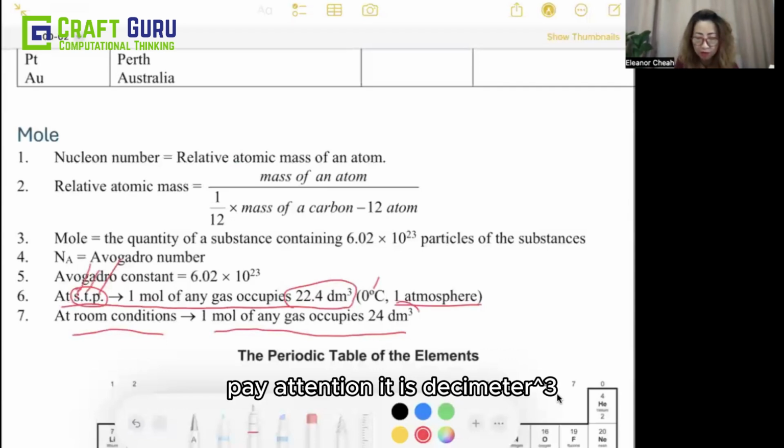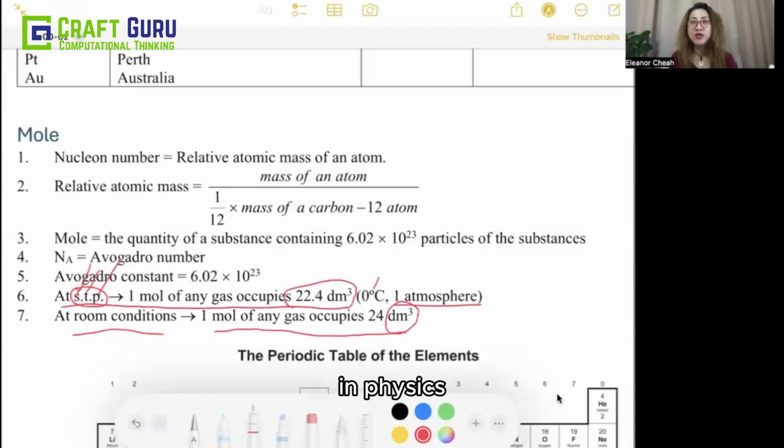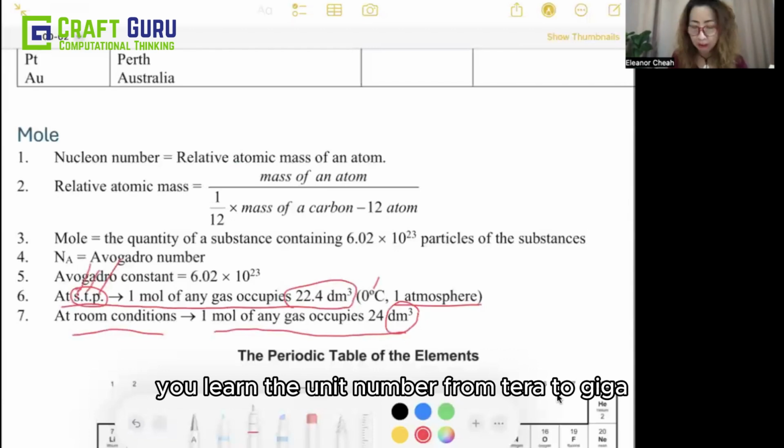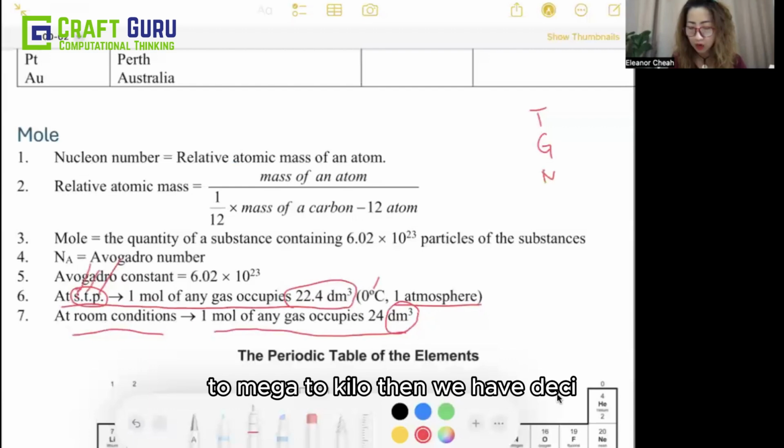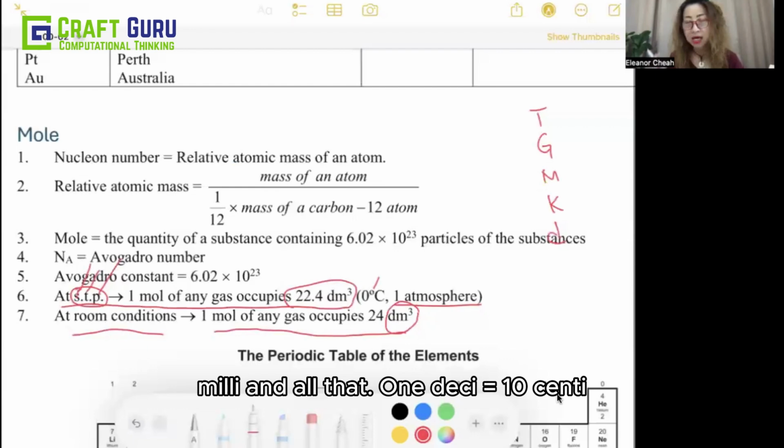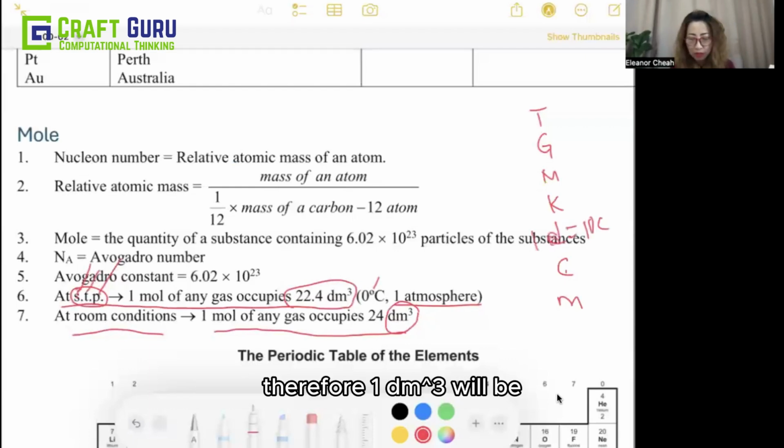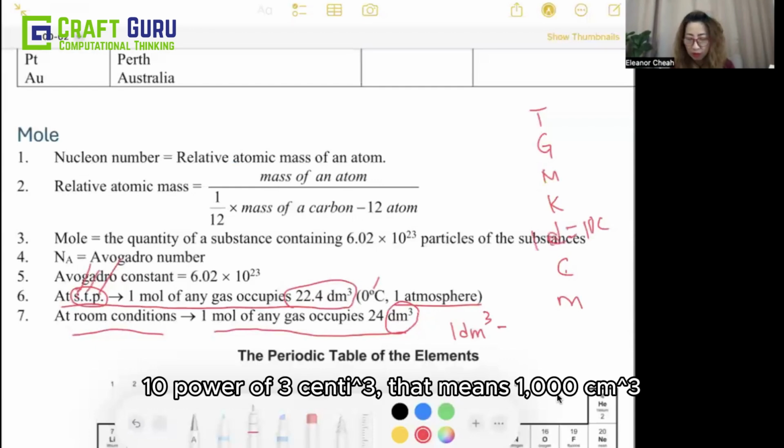It is decimeter cube. In physics, you learn the unit number from tera to giga to mega to kilo. Then we have deci, centi, milli, and all that. So 1 deci is 10 centi. Therefore, 1 dm³ will be 10 power of 3 cm³.